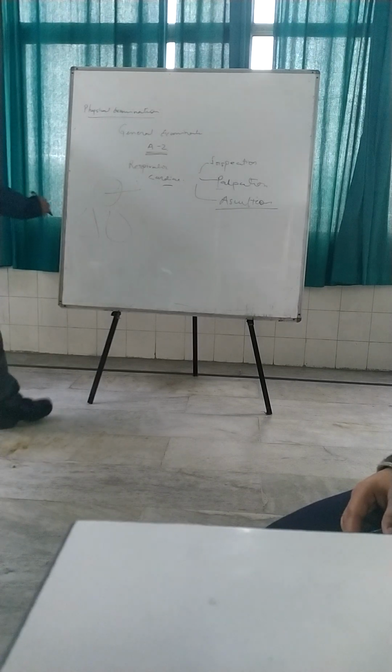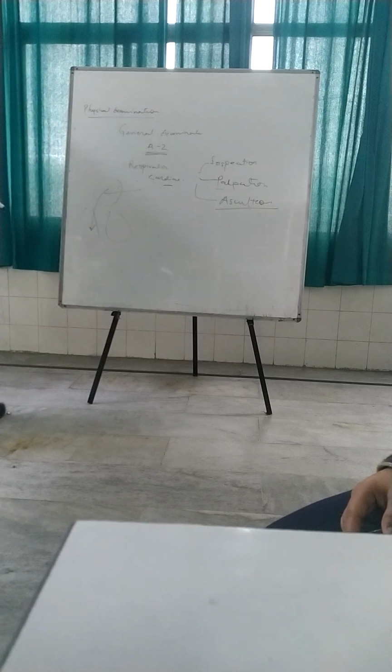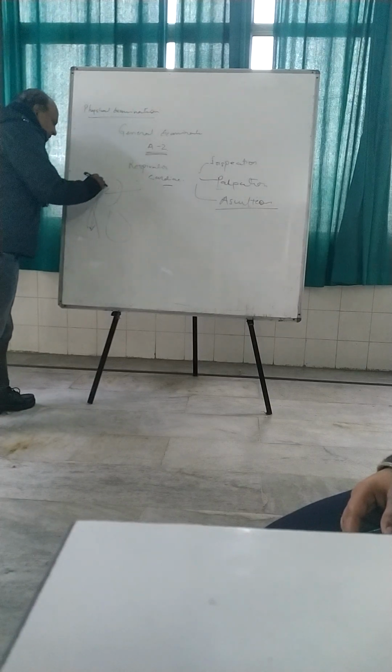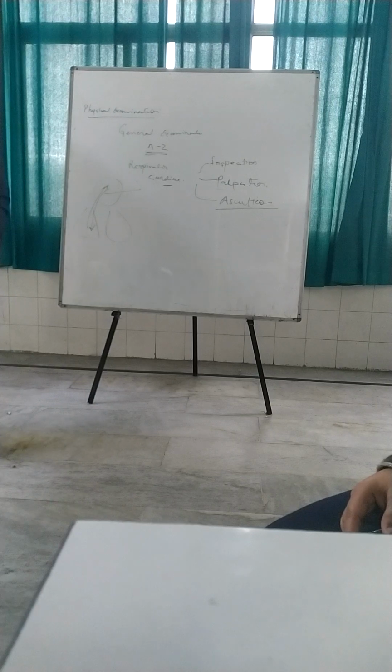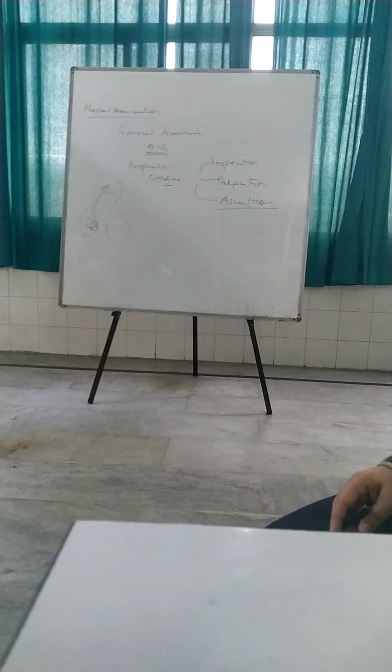Once air passes into any cavity or is expelled from the cavity, if it is from the lung parenchyma proper, then it is vesicular breathing. But if there is some kind of abnormality, for example a consolidation, what do we expect? We expect crepitations, you can expect rales over there.